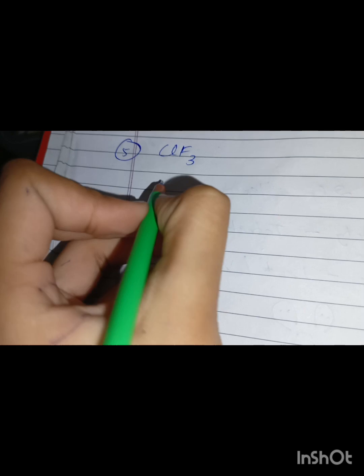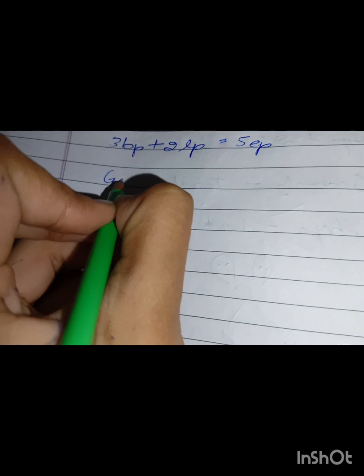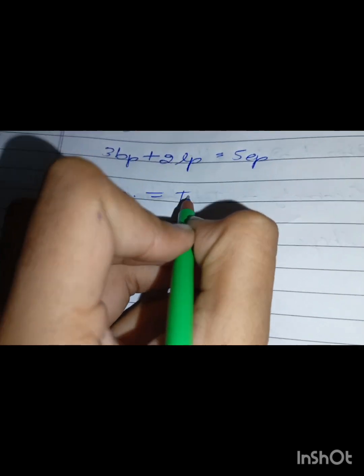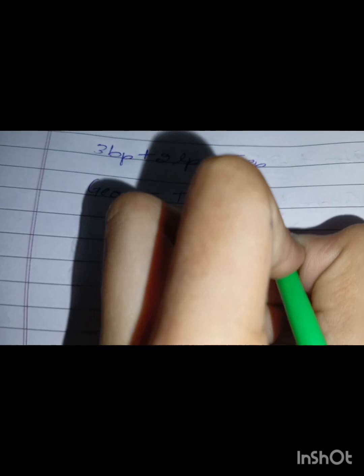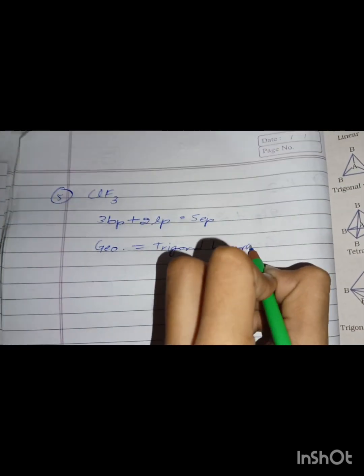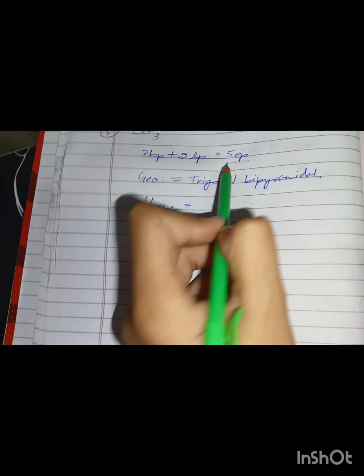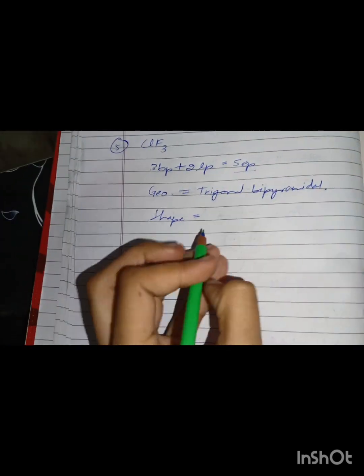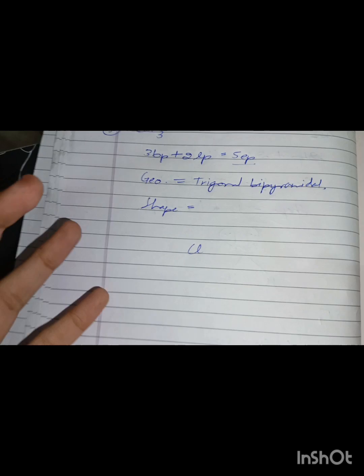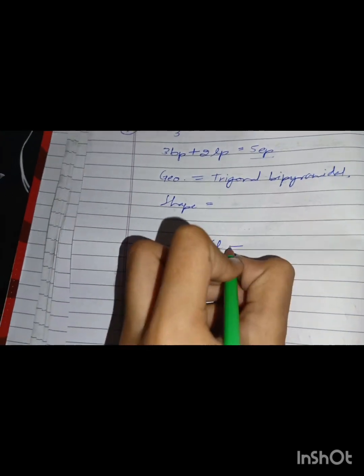Now we are taking ClF3. So here 3 bond pairs and 2 lone pairs. That will be 5 electron pairs. Geometry will be trigonal bipyramidal and the shape will be, for 5, we know that we place lone pairs on the equatorial position.